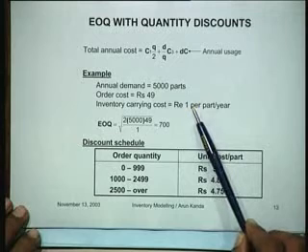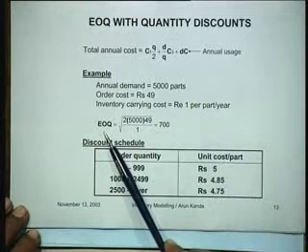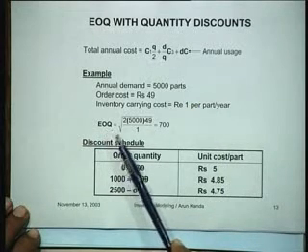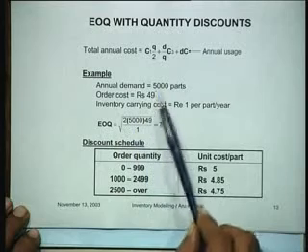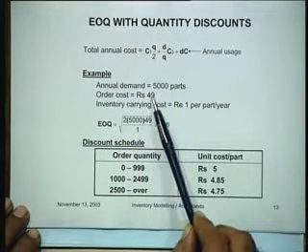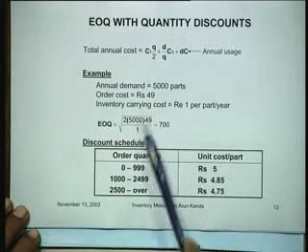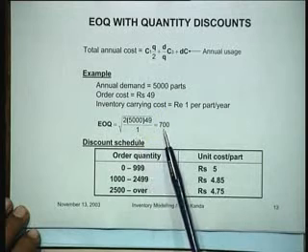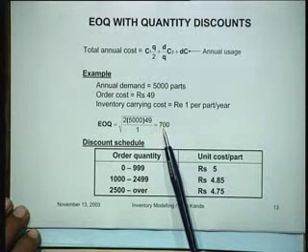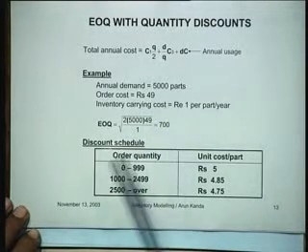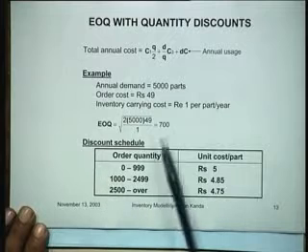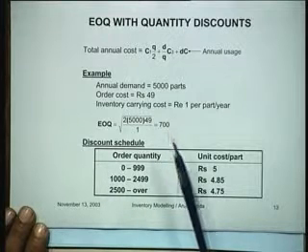So this is the holding cost. Obviously the EOQ for this situation will be the square root of 2 into the demand into C3, the ordering cost, divided by C1, which is 1. So this value is simply 700 units. So 700 units is your economic order quantity.